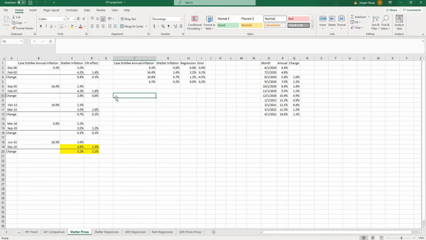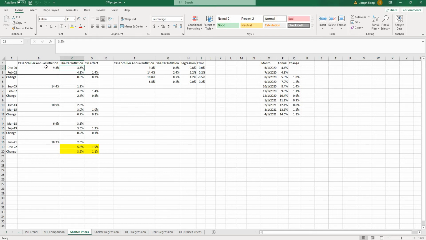So I created a sort of table showing the past instances where home price inflation peaked as measured by the Shiller Home Price Index, and took the annual inflation rate peaks and then tabled out their effects on total shelter inflation, okay? So in this case, what they did is that it would change the original inflation rate.